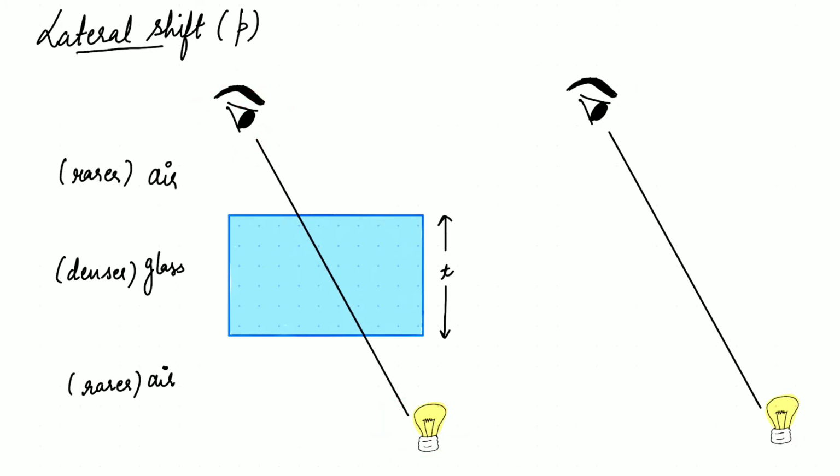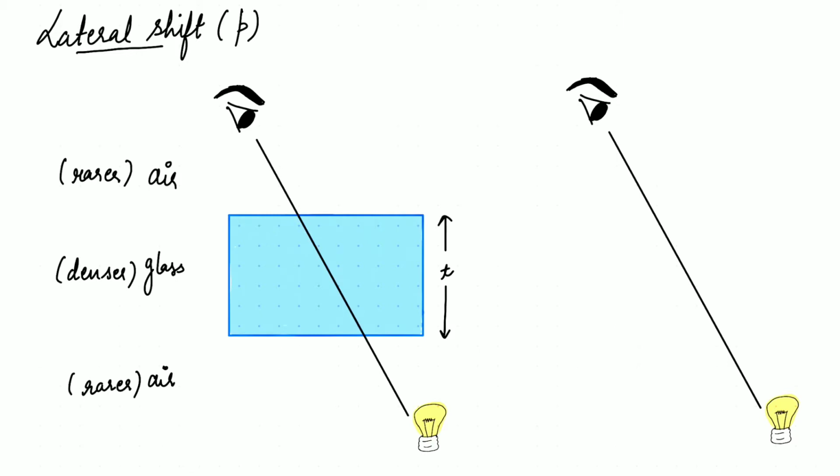In reality, when there was no obstacle or no glass slab, the image should be seen here, and you can see it should be here. But now, as you can see, there is a glass slab in between. So very quickly, let me make you understand all the concepts here.